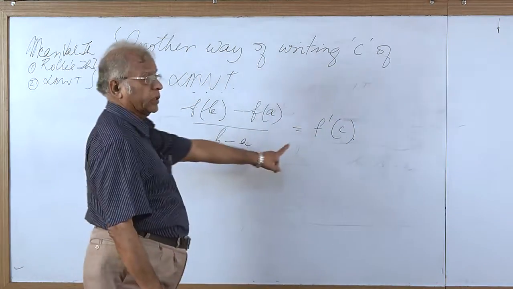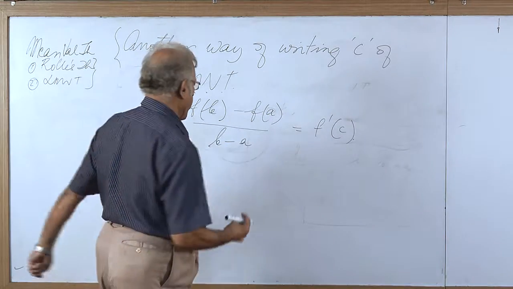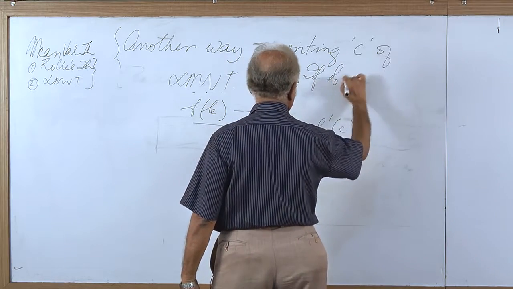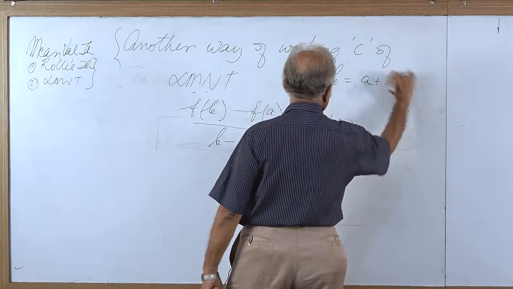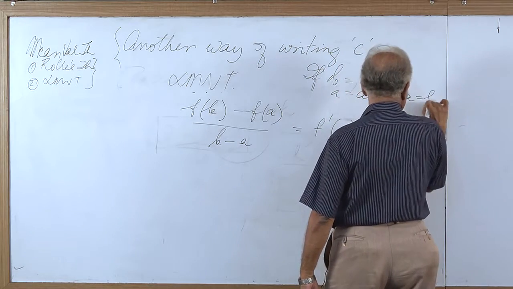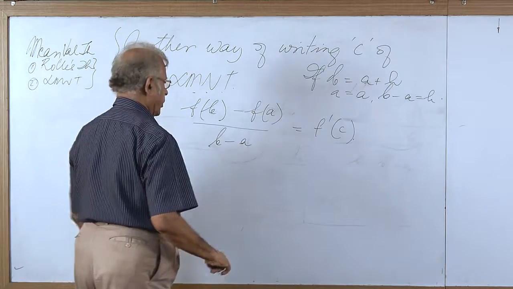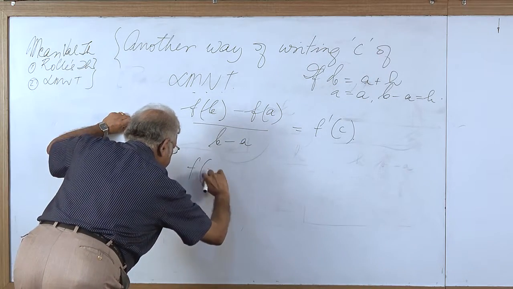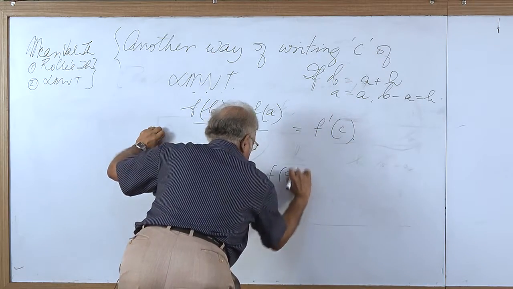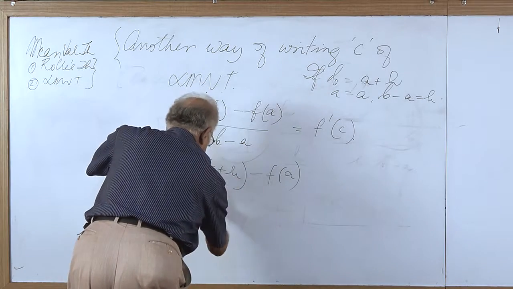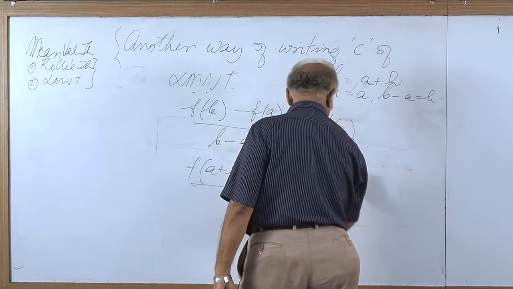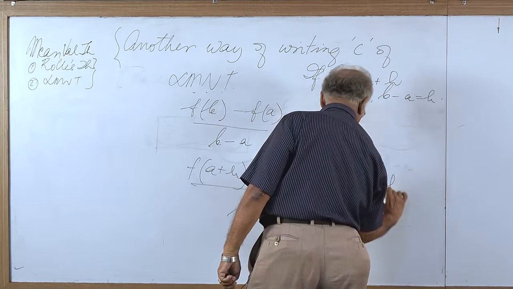Now, if we just use the terminology introduced right now, then supposing we say that b is nothing but a plus h, a is of course a, b minus a is h, then this theorem can be written in the following form: f of (a plus h) minus f(a) over b minus a, that is h, is equal to f dashed (a plus theta h).